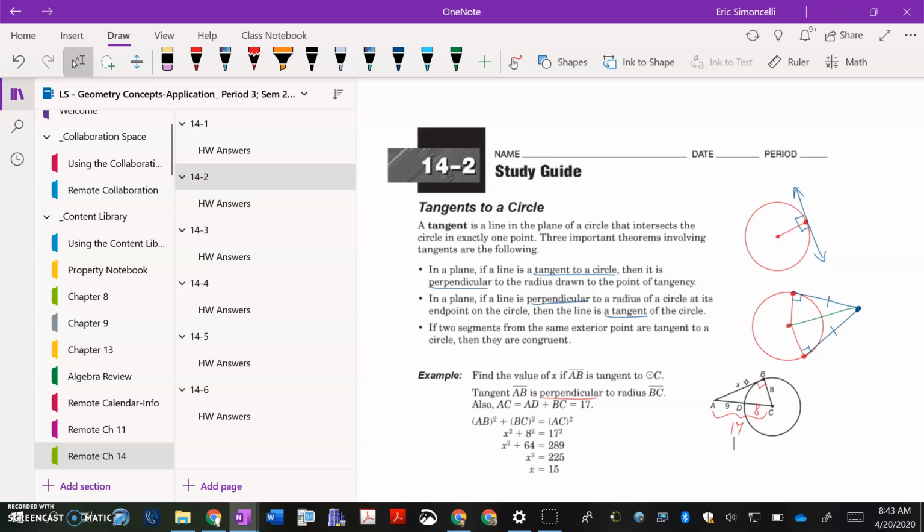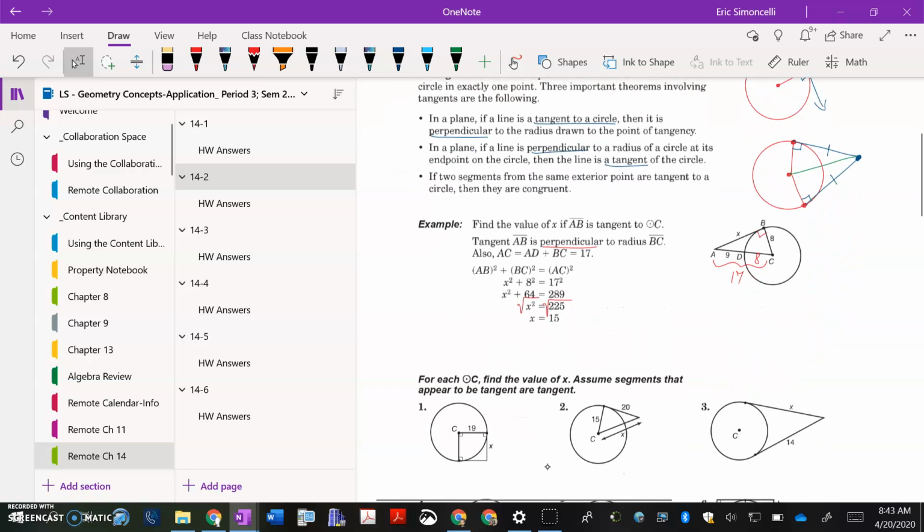Because it's a right triangle, we can justify it that way. x squared plus 8 squared equals 17 squared. Do the math. So 17 squared, subtract 8 squared, or 289 minus 64 ends up being 225. Square root both sides, and we'll end up with then 15 for the segment AB.